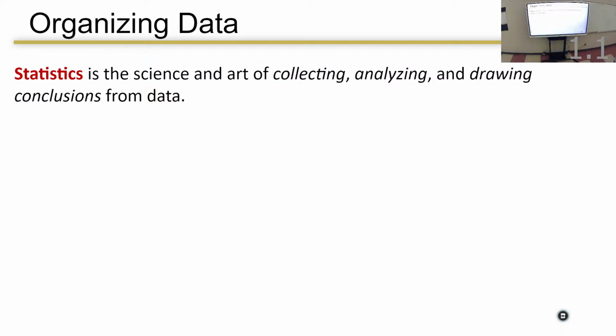Collecting, analyzing, drawing conclusions. And I mentioned that there are four main topics. Collecting, that we've already done. Now we're going to analyze it, in chapters 1, 2, and 3. Chapter 4 we already did. Then we throw in probability, because you have to understand probability to understand the drawing conclusions part.